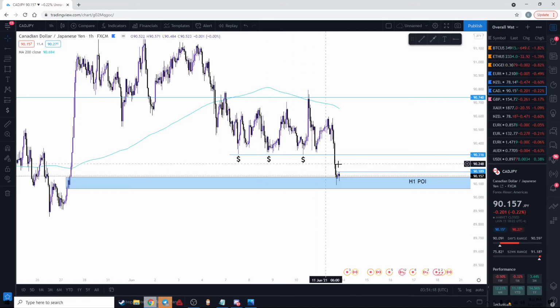So I know that huge institutions and banks are going to be looking to take this level out, basically collect all the stop losses sitting below here, and then we're going to move higher, right? I know that was kind of random to throw in there, but I don't want you guys to wonder why there's a level right here and then money signs right here.